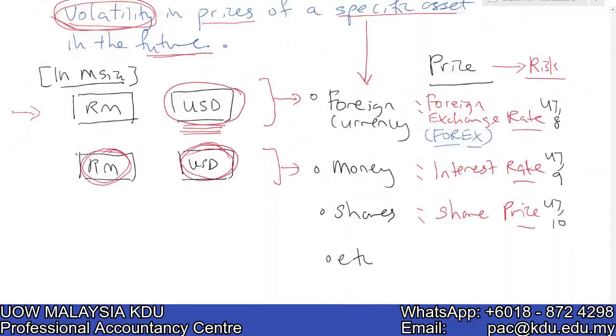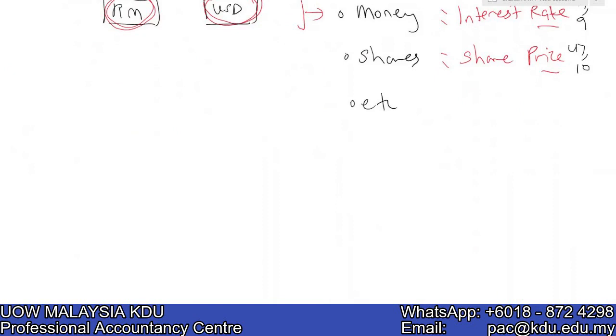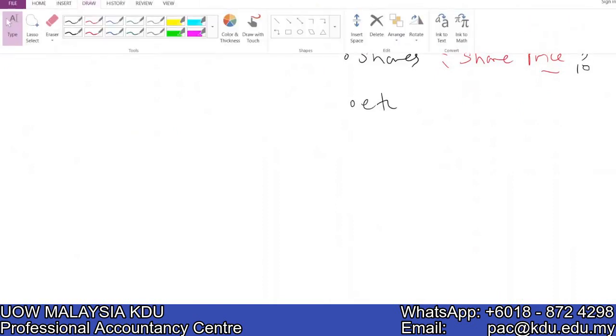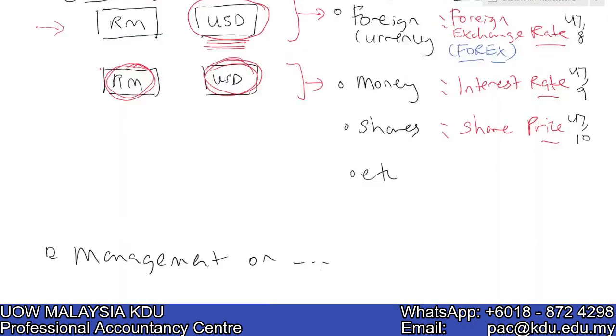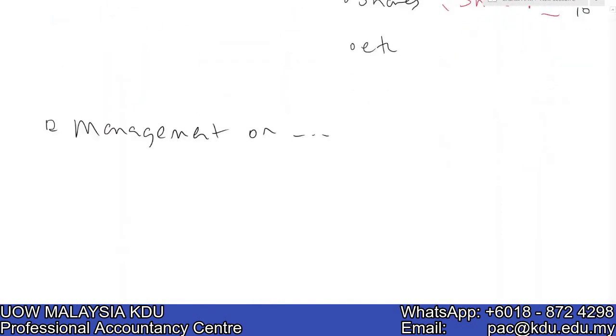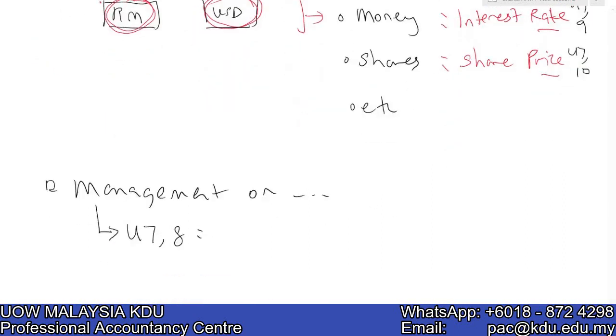Okay, let's get started. After the overview of what price risk means, I am going to touch on management of the 3 types of risks that we have highlighted just now. 1, referring to chapter 7 and 8, we are managing the risk arising from fluctuation in the forex.